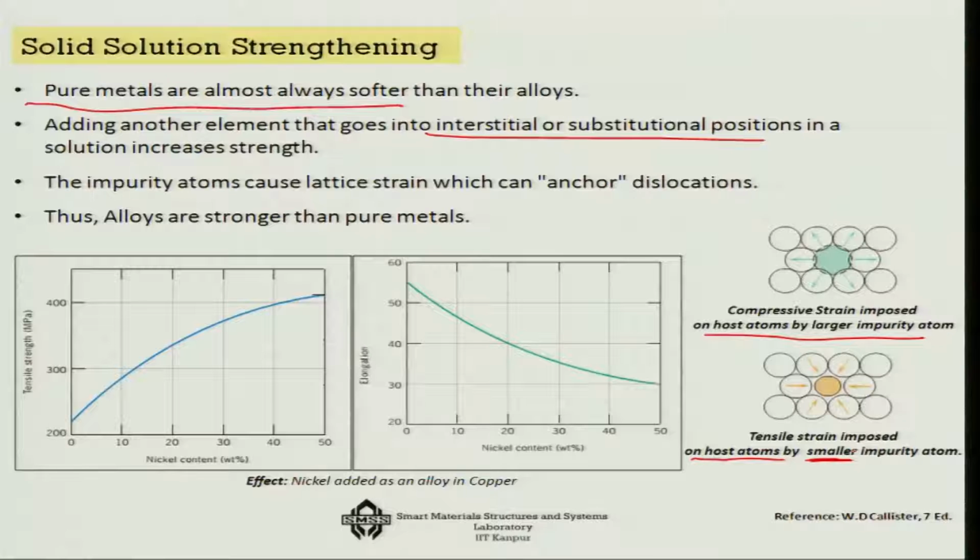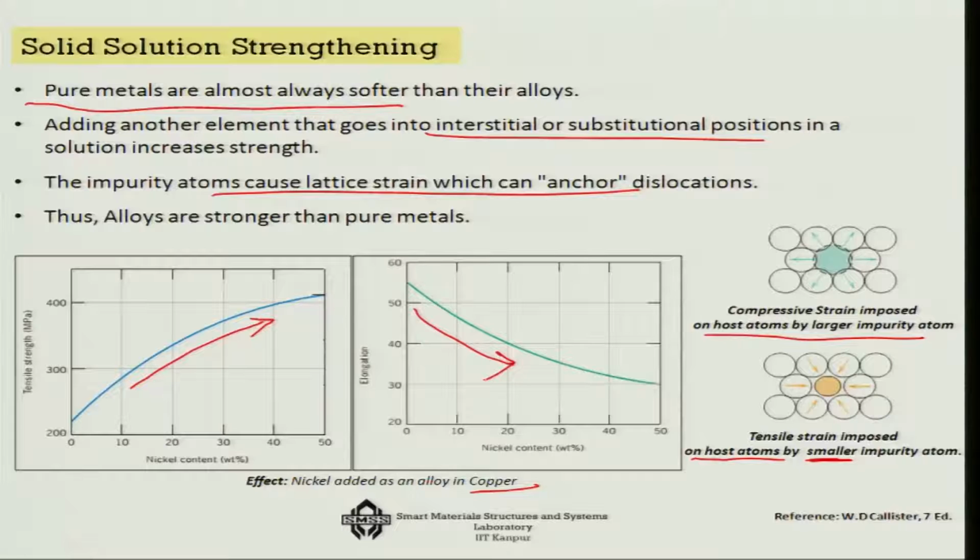Thus, the impurities can anchor these dislocations very effectively, and that is why alloys are generally much stronger than pure metals. For example, consider nickel weight percentage: as nickel alloying increases in copper, the tensile strength increases and the elongation decreases because it is becoming harder and harder.